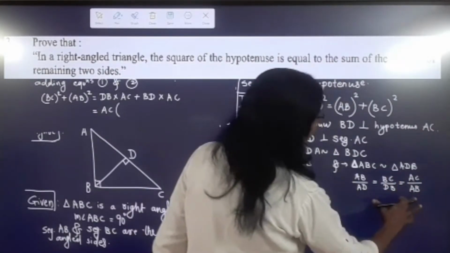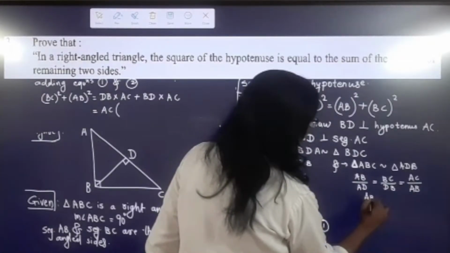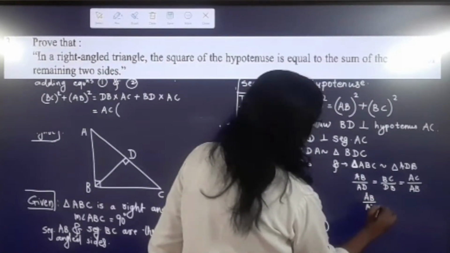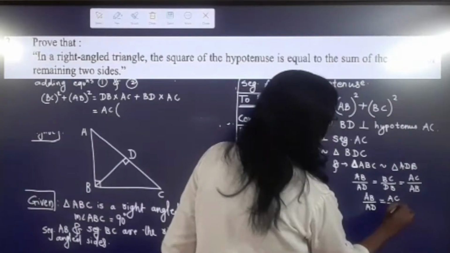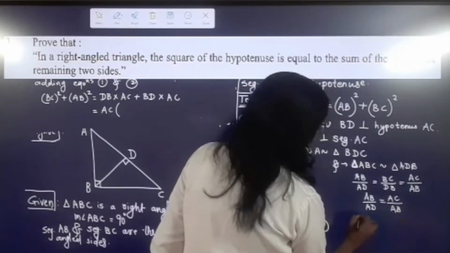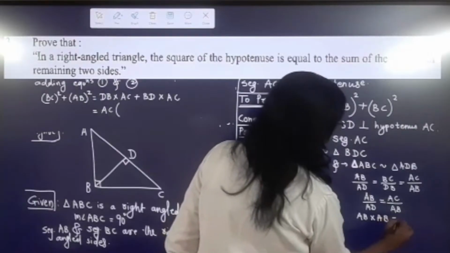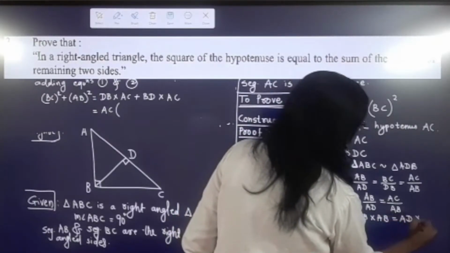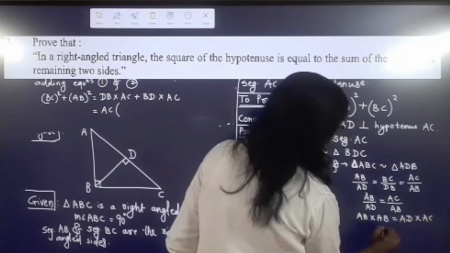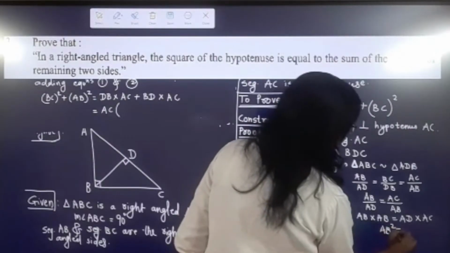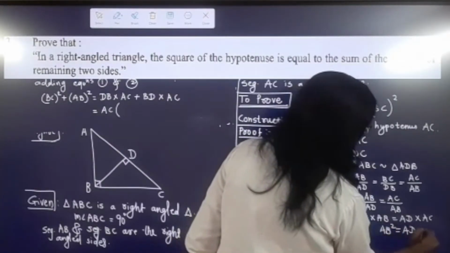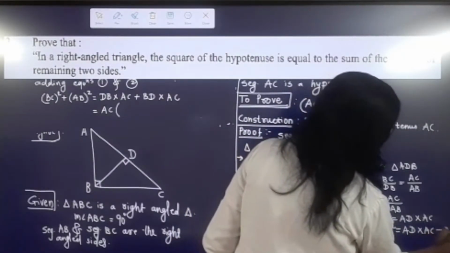Okay students, taking these two ratios, AB upon AD is equal to AC upon AB. So here AB multiply AB is equal to AD multiply AC. Okay students, so AB square is equal to AD multiply AC and then call it the second one.